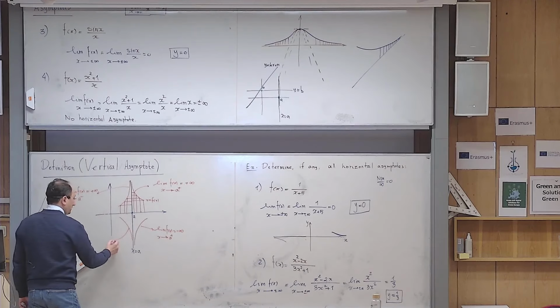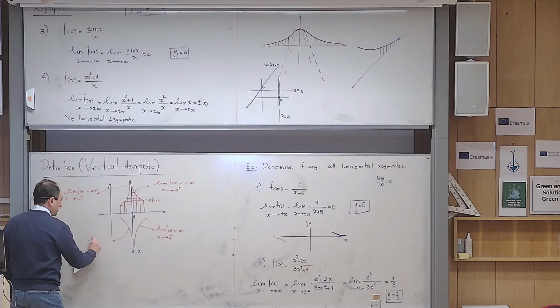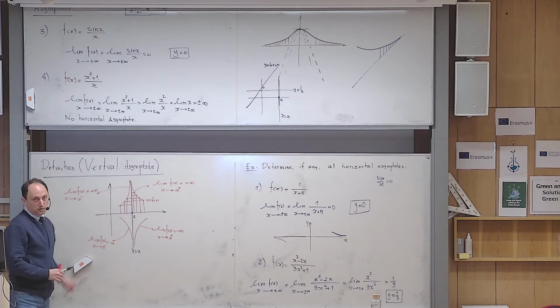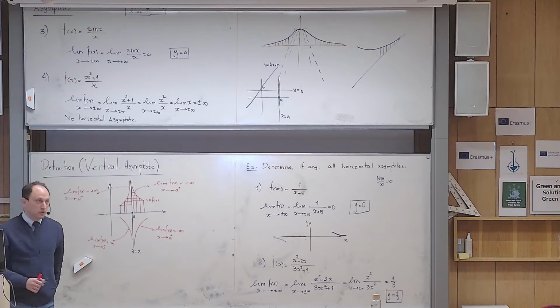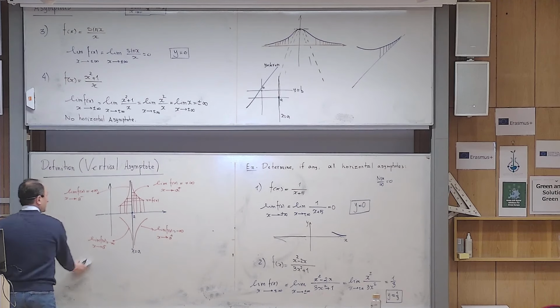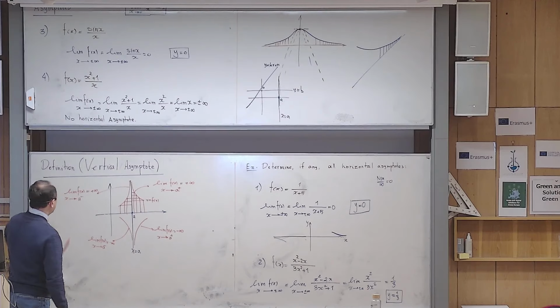And this one, if you want to understand this behavior, this is the limit of f of x, x goes to A from the left, is negative infinity. If at least one of these conditions is met, then we say x equals A is a vertical asymptote. So I'm a little bit lazy to clean it, and let me just write it like this.